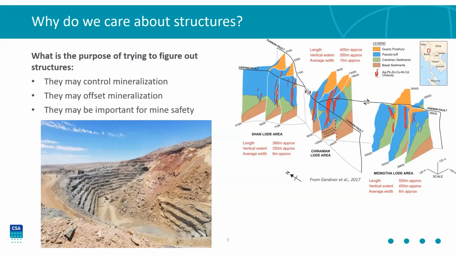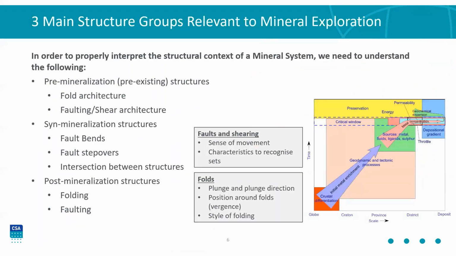The second basic principle is that there are three main groups of structures when thinking in terms of mineral systems. And by mineral systems, I mean the broad scale architecture or the requirements needed to create a mineral deposit.